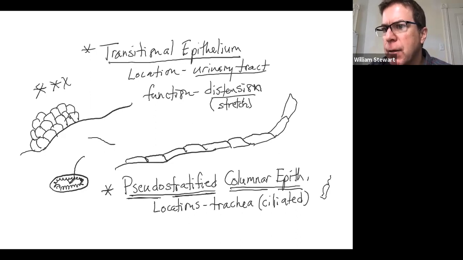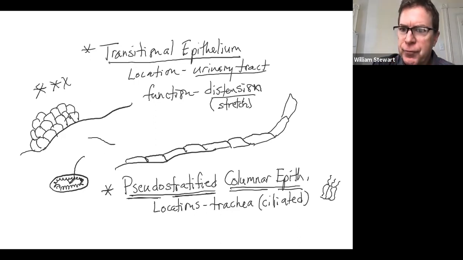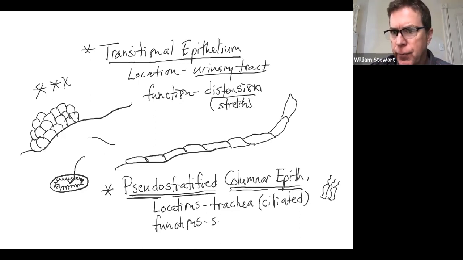A ciliated cell almost looks like a flagellum, but it's not used for locomotion, so we call it a cilia. The main function is secretion of mucus specifically, but it also assists with the movement of debris.